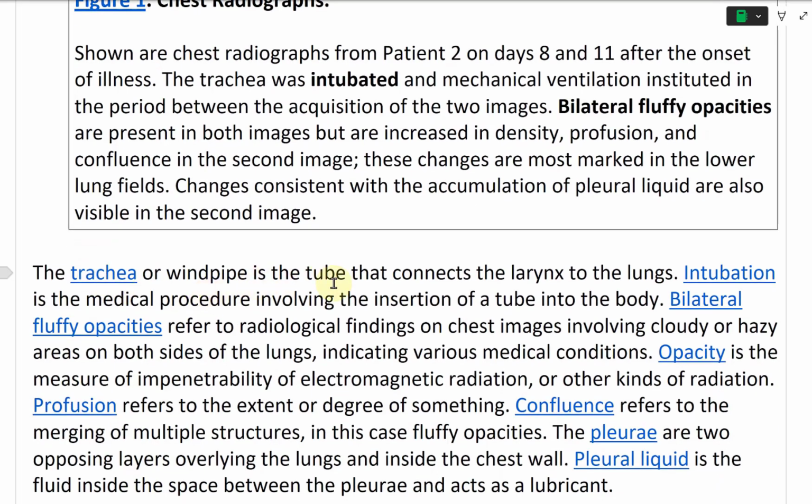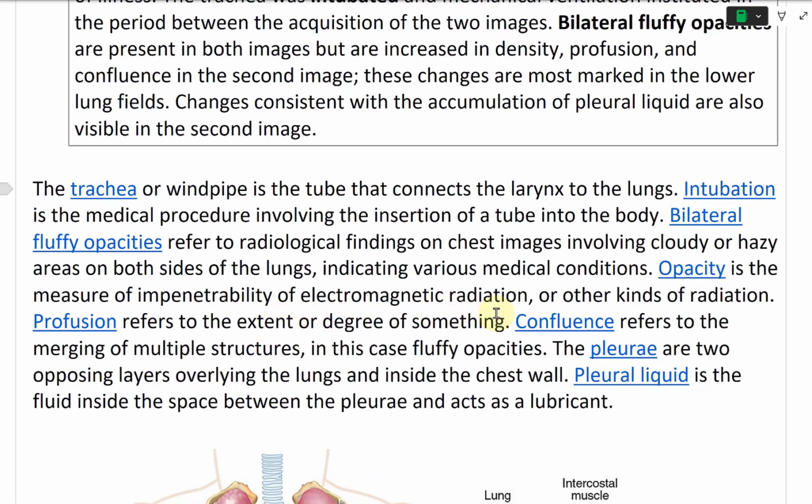So the trachea, or windpipe, is a tube that connects the larynx to the lungs, and intubation is the medical procedure involving the insertion of a tube into the body. And then these bilateral fluffy opacities refer to radiological findings on chest images involving cloudy or hazy areas on both sides of the lungs, indicating various medical conditions. And opacity is the measure of impenetrability of electromagnetic radiation or other kinds of radiation.